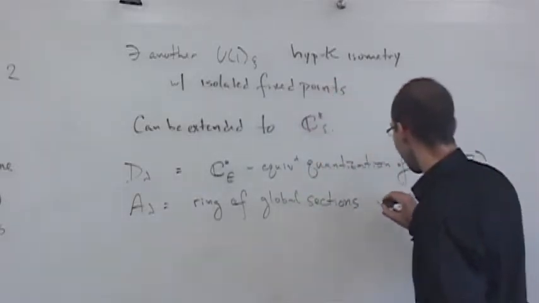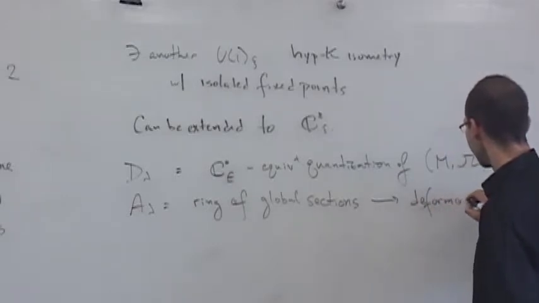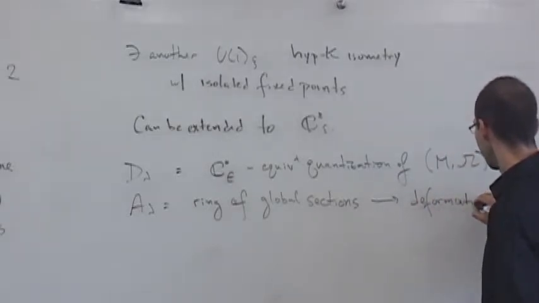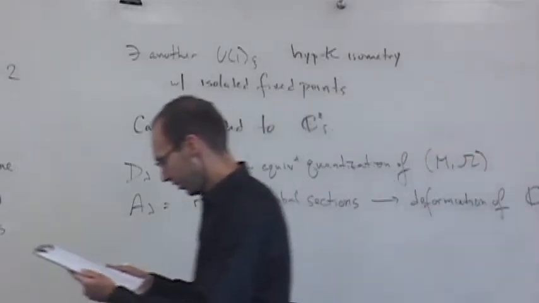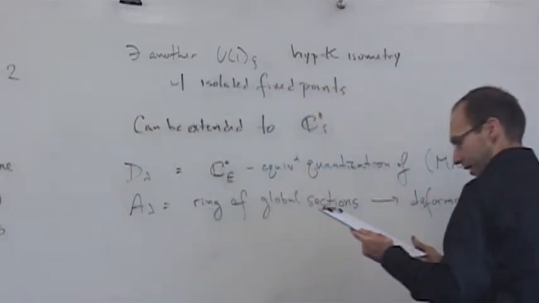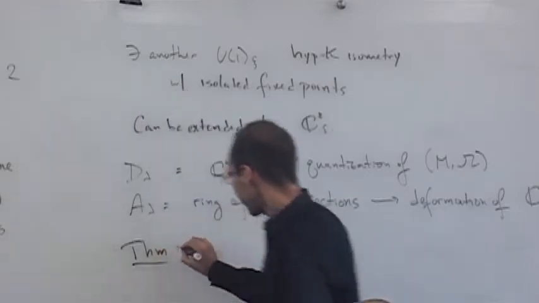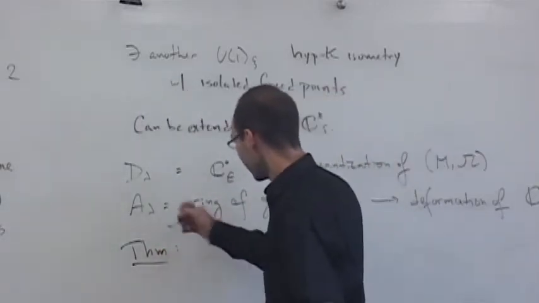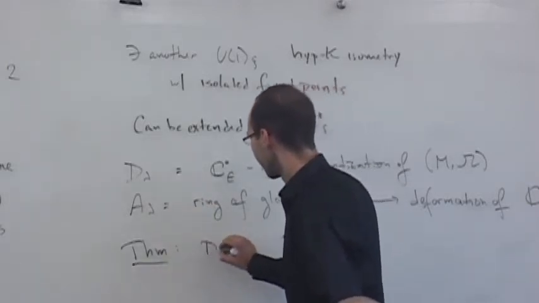In other words, a non-commutative deformation of the ring of functions on M, which is the same as the ring of functions on M naught. And the theorem is that, at least in nice cases, the categories of D modules and A modules are equivalent.